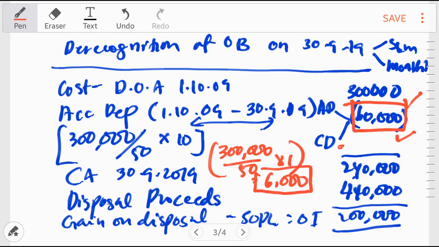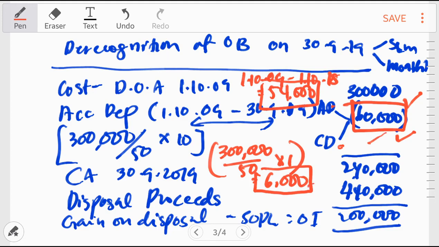The accumulated depreciation right before the current year, from 1st of October 2009 up till 1st of October 2018, is 54,000. How do you get 54? 60,000 minus 6,000.